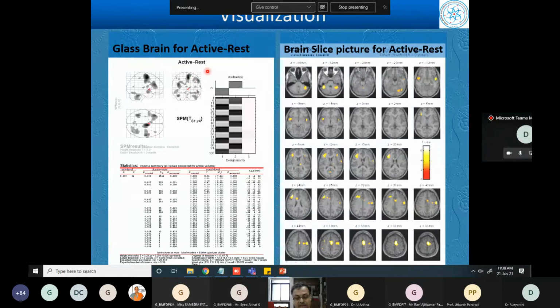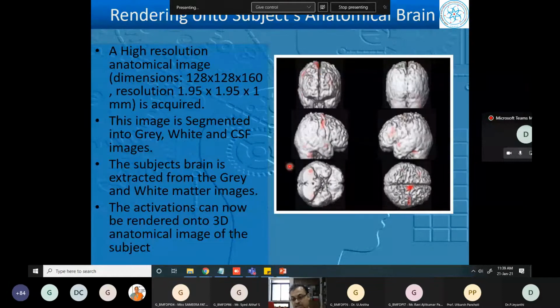A glass brain again is x-y, y-z, z-x projections because it's 3-dimensional data, or you can show it on the brain slices, right? So this is the activity. These are the different regions of the brain that are active when doing the task. Or you can also project back into the 3-dimensional space rather than the 2-dimensional space. This is the surface of it.